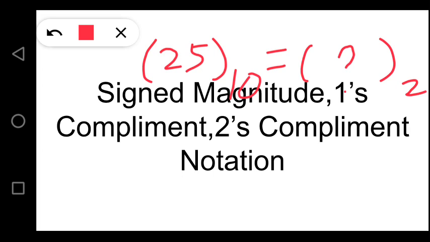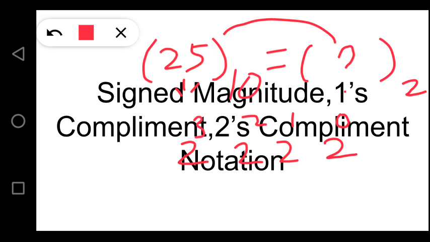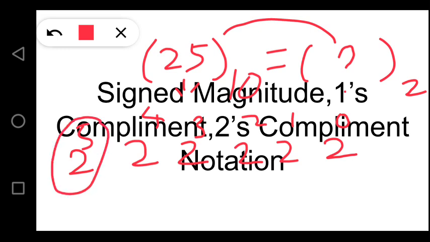I'll just repeat the process once again. Take 25. I have to convert this 25 into the equivalent binary number. So first write 2 power 0, 2 power 1, 2 power 2, 2 power 3, 2 power 4, 2 power 5. 2 power 5 becomes 32 and 32 is greater than 25, so remove this.